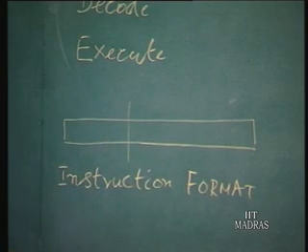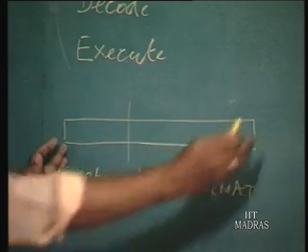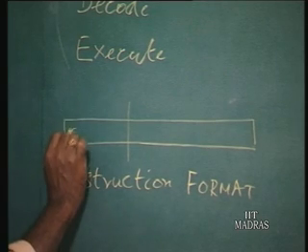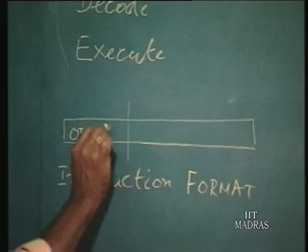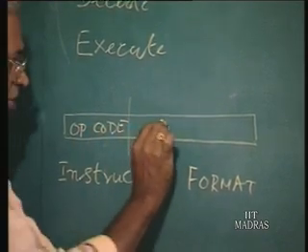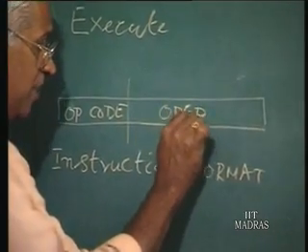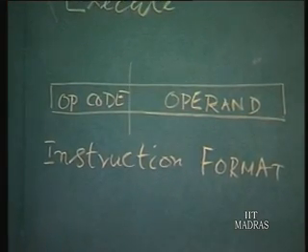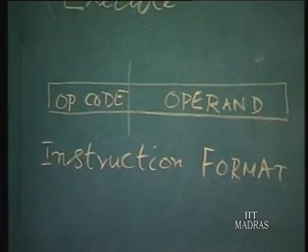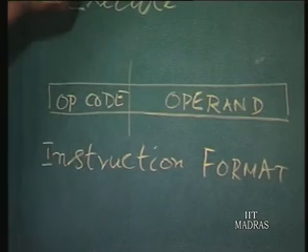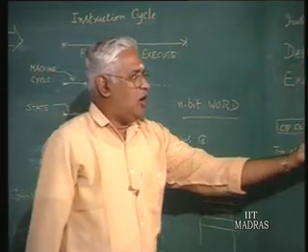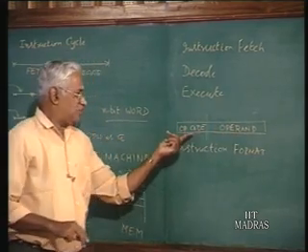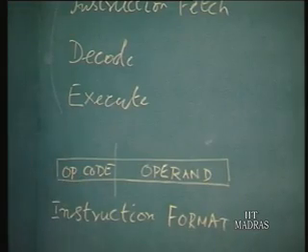This instruction format will be some words length. Now one part of it will be the opcode, the other part of it will be referring to the operand or the data. So this opcode is the one which will be decoded, and the operands once fetched from the memory will be executed as per this particular operation.